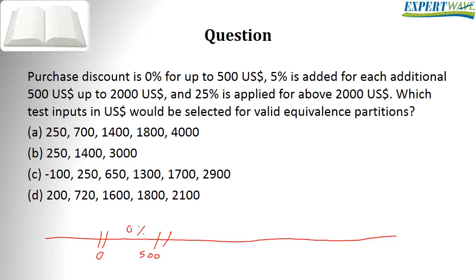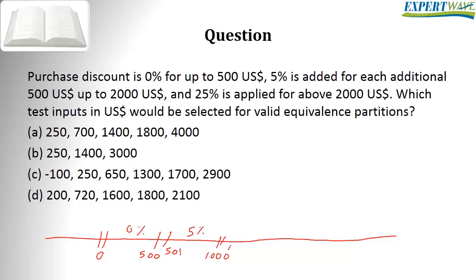Reading the sentence, 5% is added for each additional $500 means that we will have a partition for each additional $500. So the next partition will start from 501 and will end at $1,000.